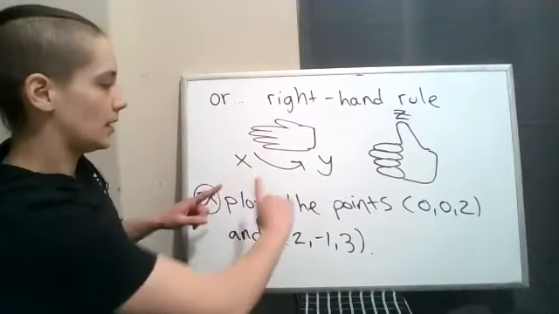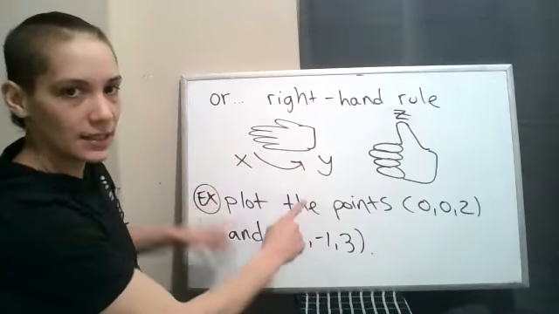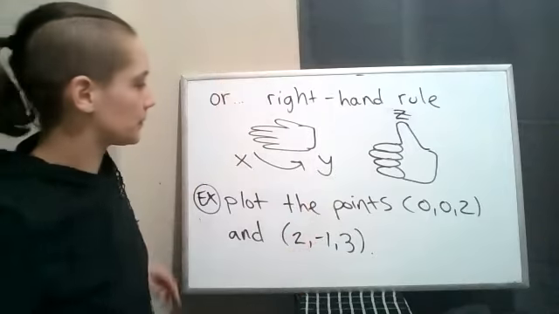So we'll draw the x-axis, the y-axis, and then z goes up through the middle.